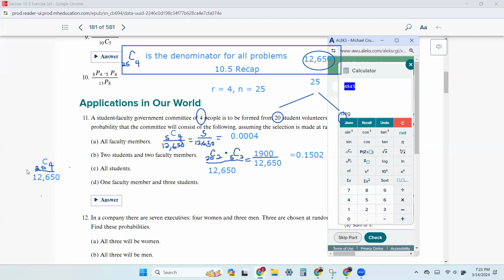So this is going to be 4,845, and so it's all over the 12,650.